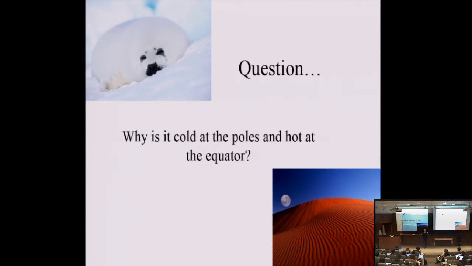Because what's going on is the sun's rays are hitting at the equator perpendicular. The sun's rays are hitting up towards the poles in a very, very oblique fashion. If you think about the North Pole, the sun doesn't hit at all, it just passes straight over. So this is the reason why it's cold at the poles and hot at the equator.